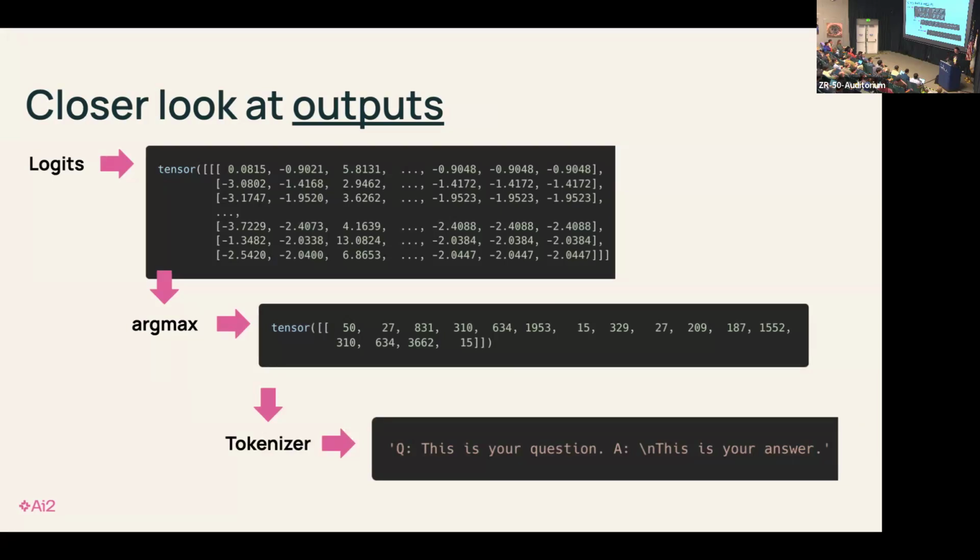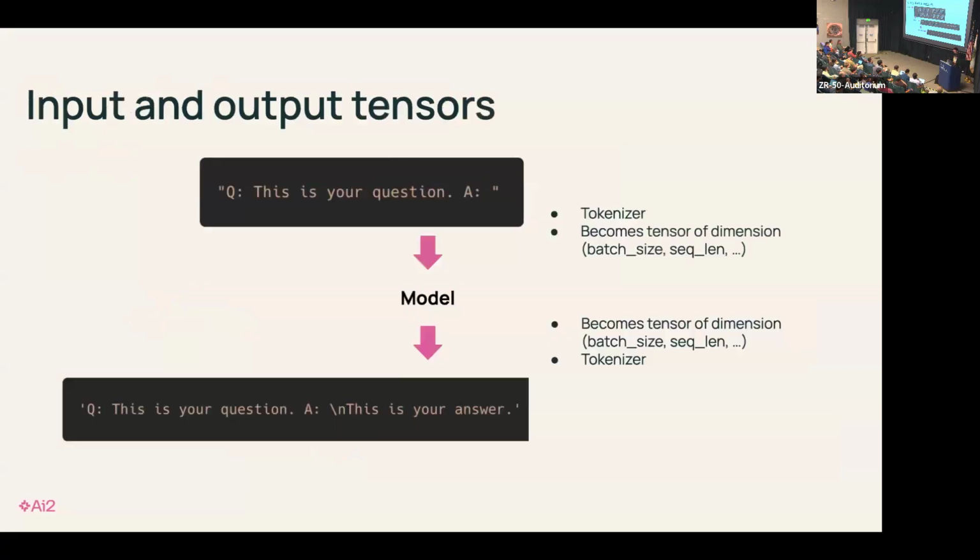So as long as you carry along your tokenizer and your embedding matrix, you should be able to go seamlessly between tensors, input and output, and strings, which is where we can actually interpret what these models are doing. All right, summary: your tensors at the end look like batch size times sequence length times et cetera, same thing, and you use your tokenizer.